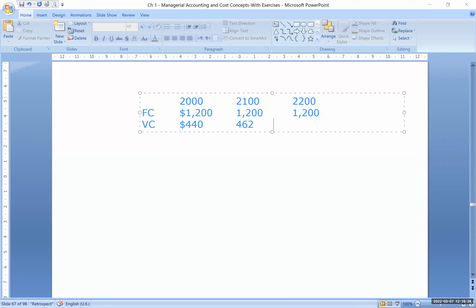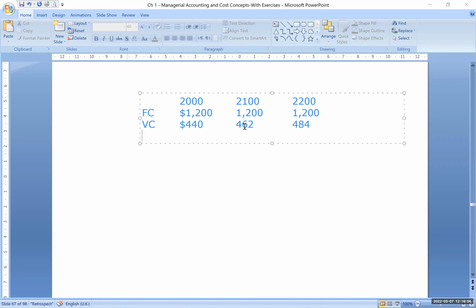And the last one will be 0.22 multiplied by 2,200. This equals 484. Be careful that the fixed cost was fixed regardless of the cups served. For the variable cost, we need to use the per-cup cost, 0.22, multiplied by the level of activity, which is the cups served.